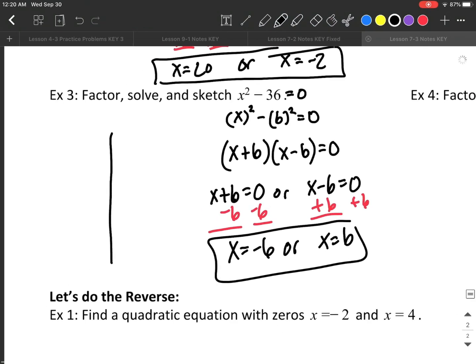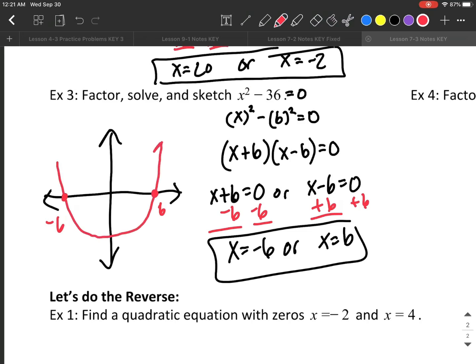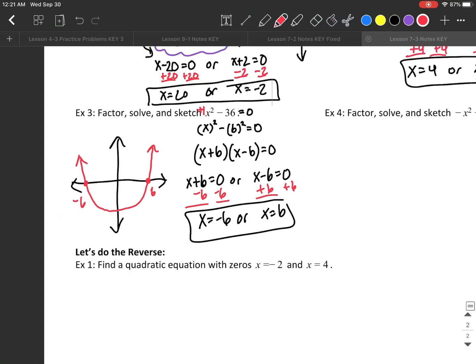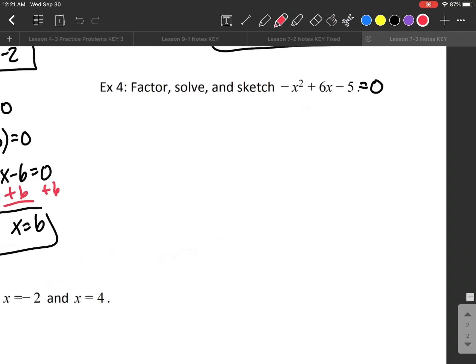And to sketch that, I know that I would have an x-intercept at 6 and at negative 6. Then I would attach those in an upwards curve because, again, I have a positive coefficient for x squared.